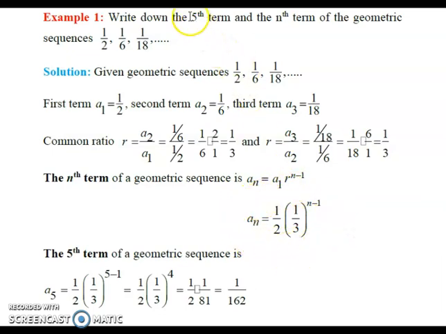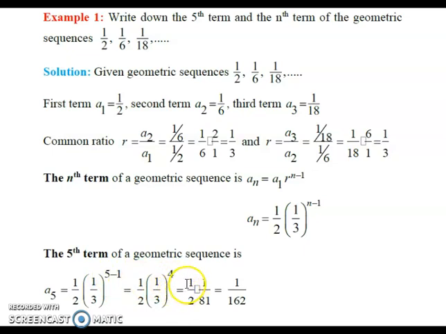In the problem, we have to find the fifth term of the geometric sequence. So, substitute n equal to 5. Then a5 is equal to 1 by 2 multiply 1 by 3 whole power 5 minus 1, so 5 minus 1, 4.